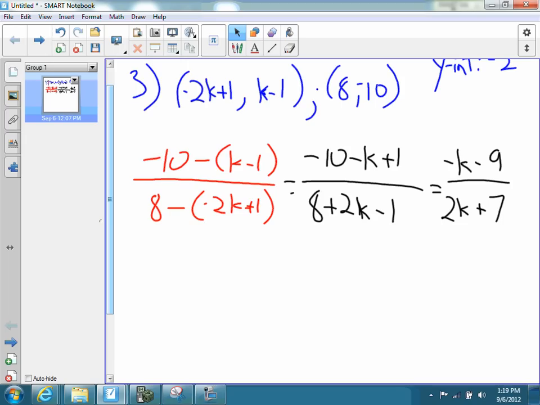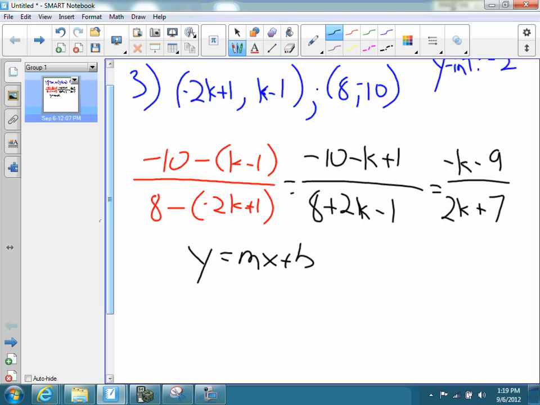Oh, there's an idea. You want to write slope-intercept form. Slope-intercept form is y equals mx plus b.